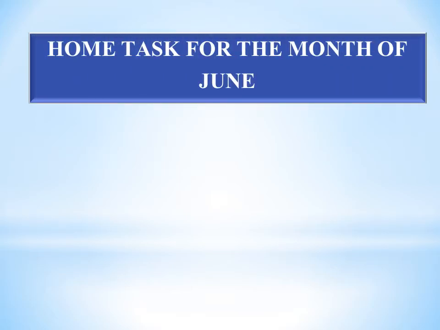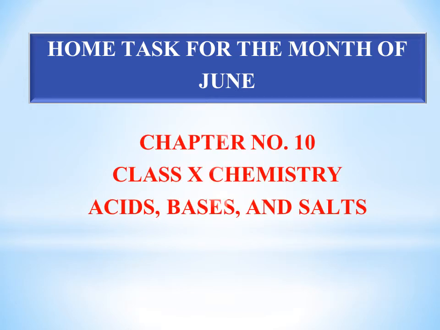As you know, today we will proceed to the home task for the month of June of class 10 chemistry. But today we will discuss chapter number 10, acids, bases and salts, because our home task includes 4 questions.